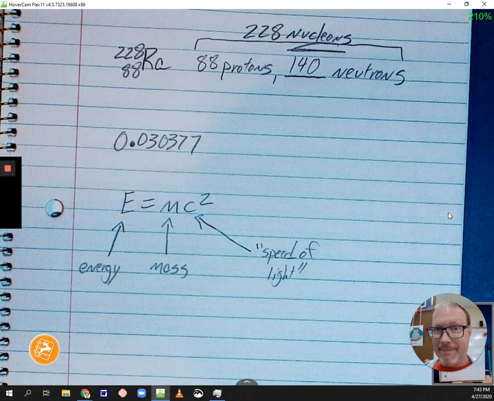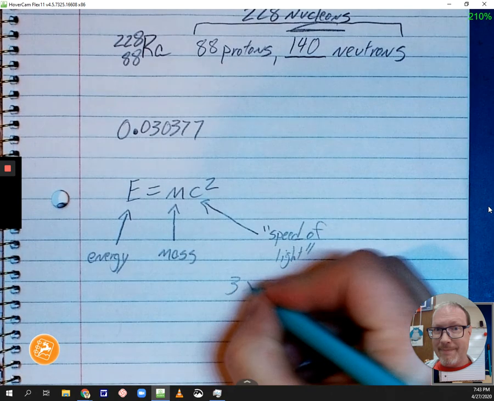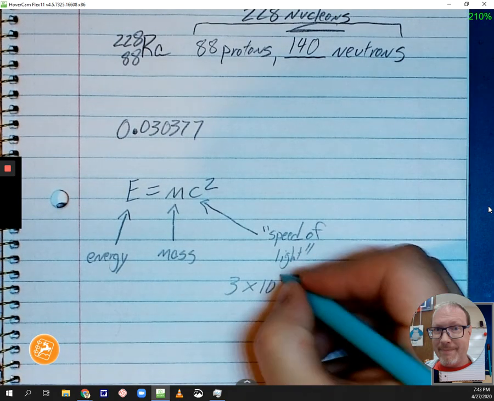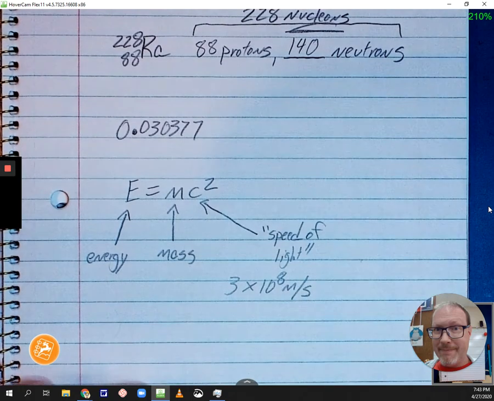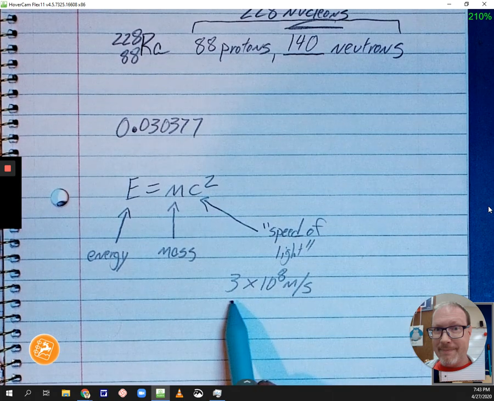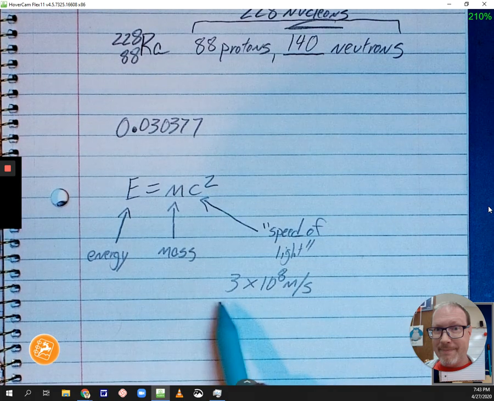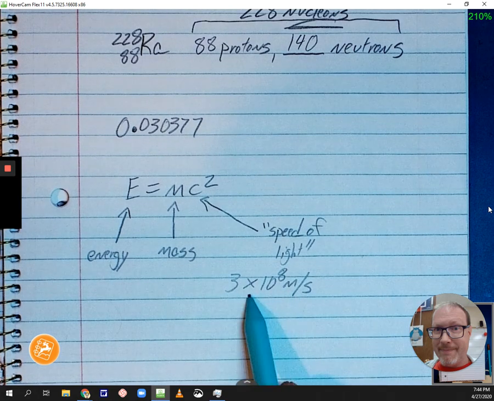Now the speed of light in a vacuum is 3 times 10 to the 8th meters per second. If you imagine a meter is about the size of a yard, then light can go slightly more than that many yards in any given second.